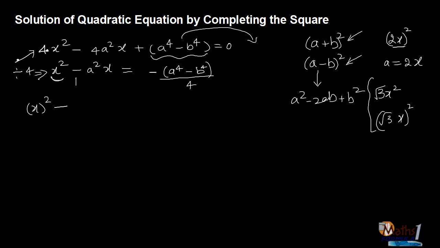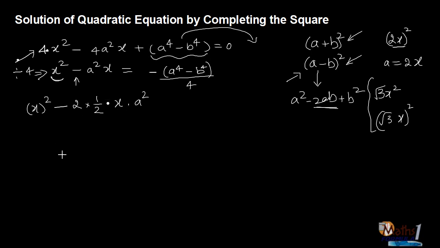Now 2ab, there is no 2, I'm introducing 2, that means I have to divide by 2. The 2 gets cancelled. Remember I said we should not change the value of the equation. 2a is there, whatever is left is this.